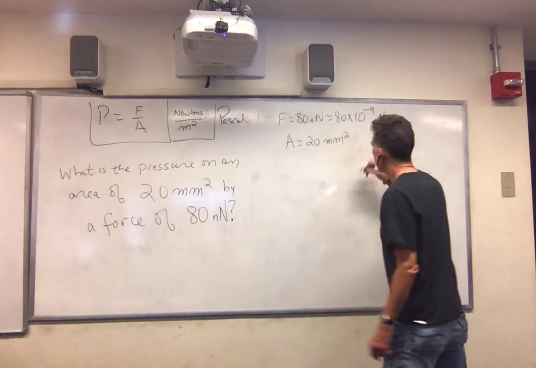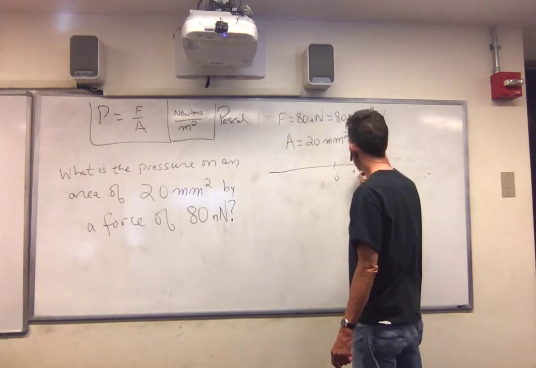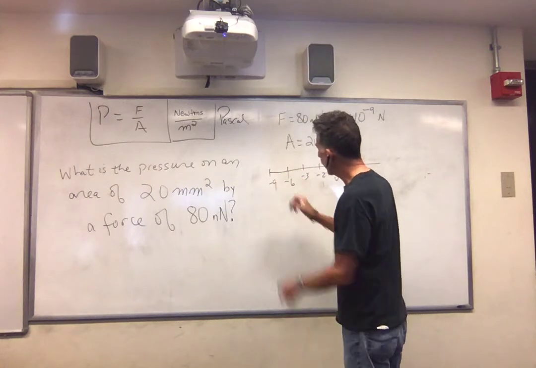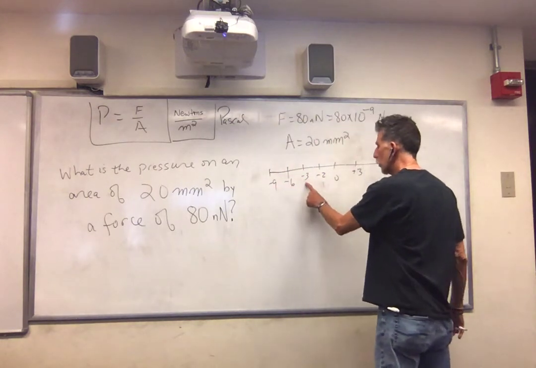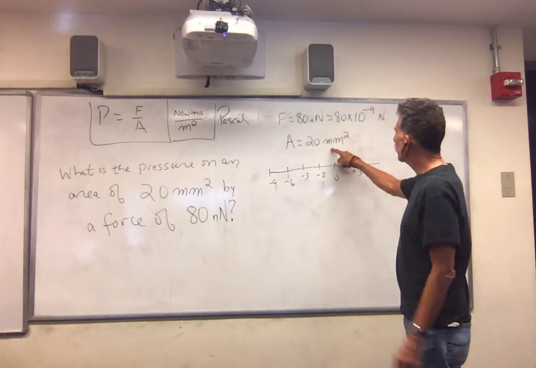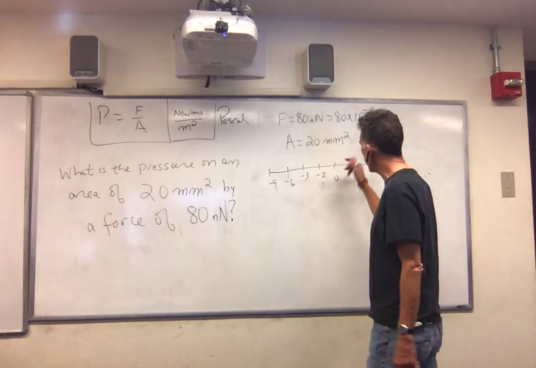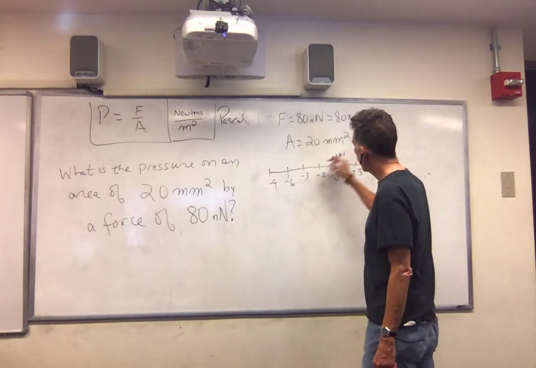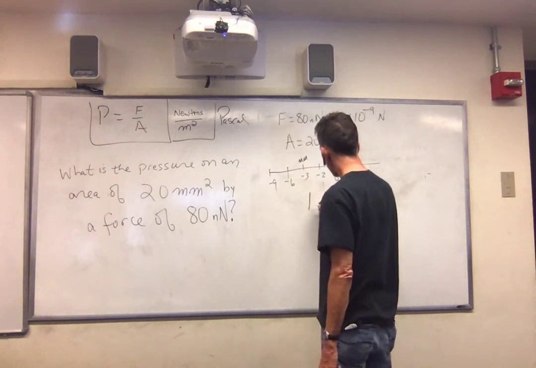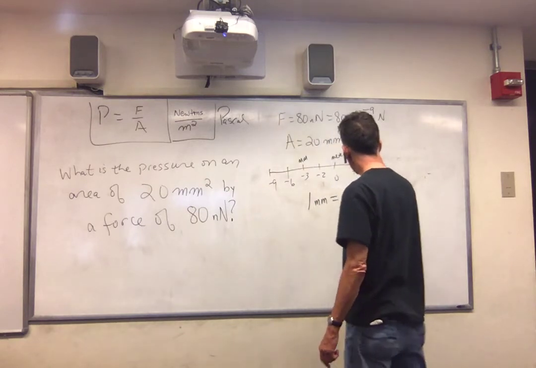Remember our line. I'll do it right here. 0, plus 3 is kilo, -2, -3, -6, -9. Nano, micro, milli, centi, kilo. So we have 20 millimeters squared. So how do we convert? Here's meter, this is millimeter. So 1 millimeter is how many meters?